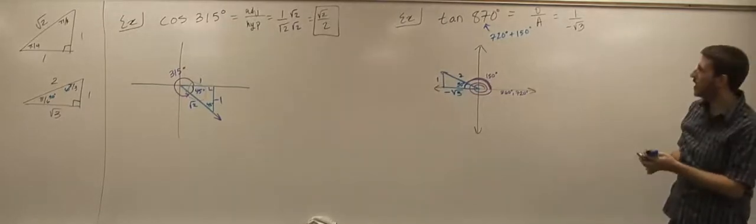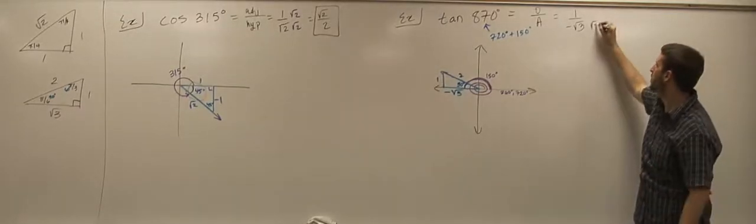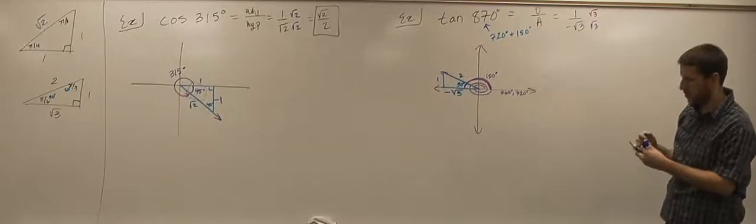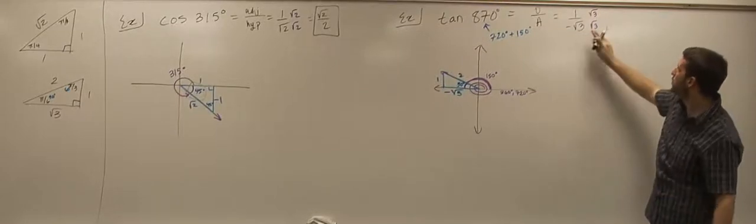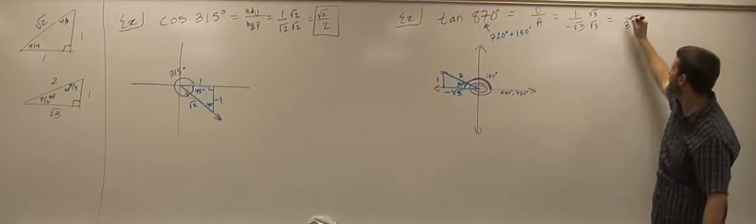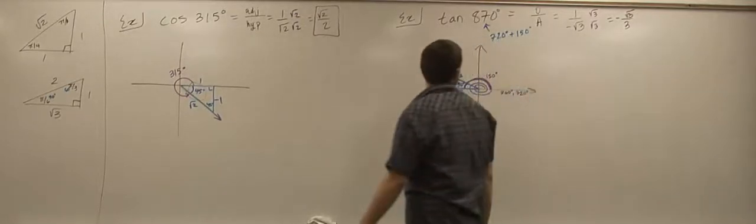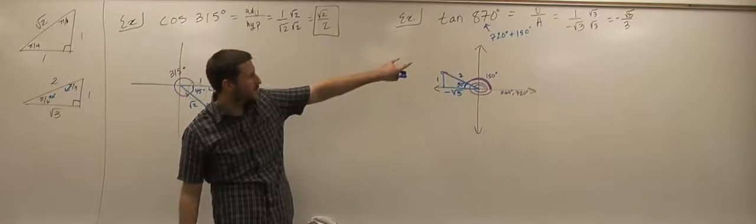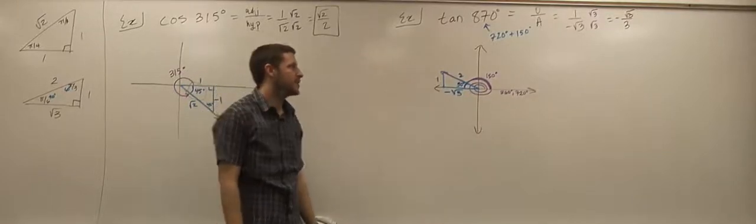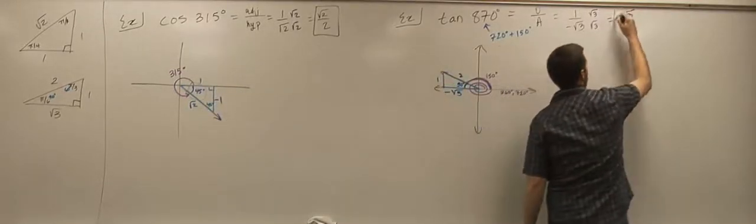So we'll go ahead and rationalize. The root 3 times root 3 becomes 3 on the bottom, and then you get a root 3 on top, so negative root 3 over 3.